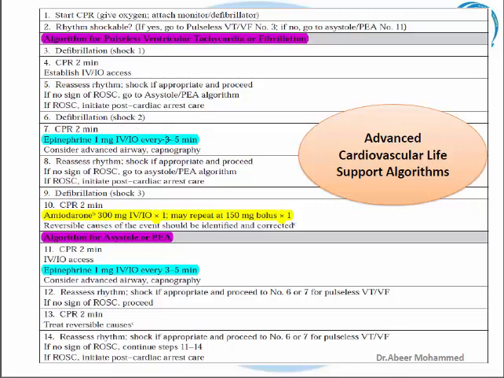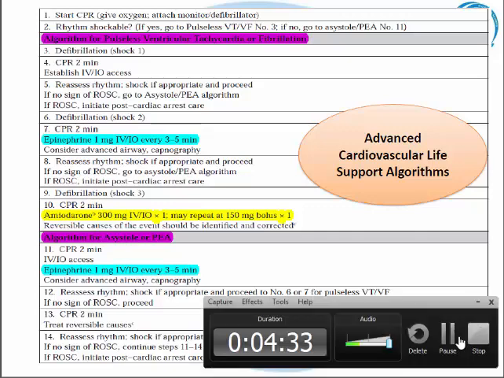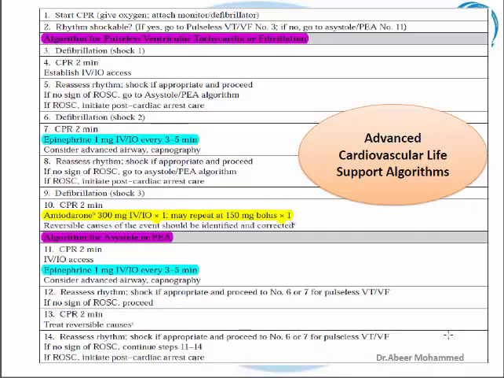In each case, we should start CPR. CPR is so important and a life-crucial event. لما تجينا عيان ب asystole or ventricular fibrillation or ventricular tachycardia, immediately we should start CPR, cardiopulmonary resuscitation.